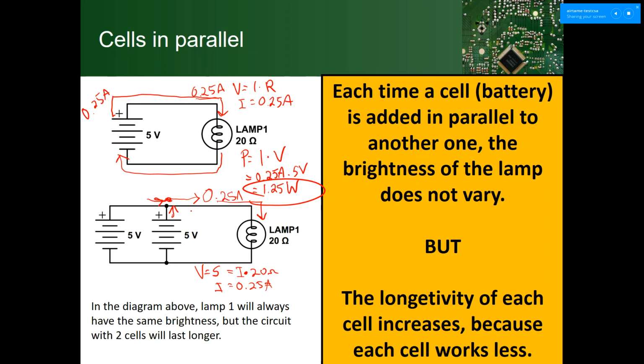We're going to call this current 1, and this current 2. We can say that current 1 plus current 2 is equal to 0.25 amps. And logic states that if two numbers add up to 0.25, then each of those numbers has to be below 0.25.